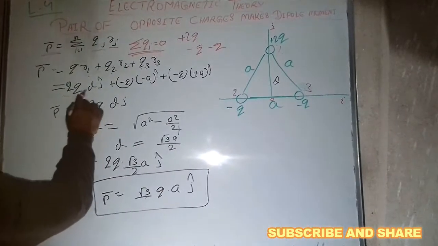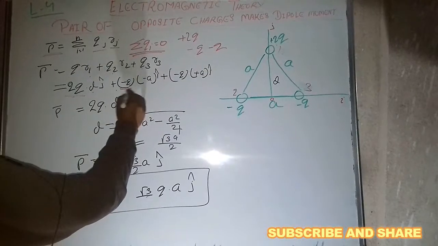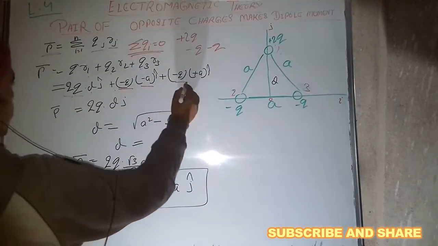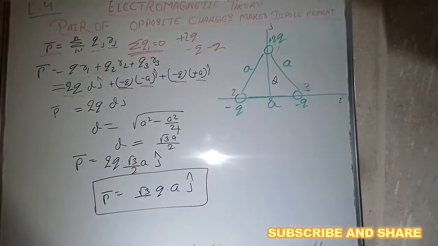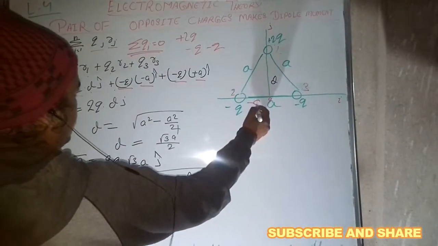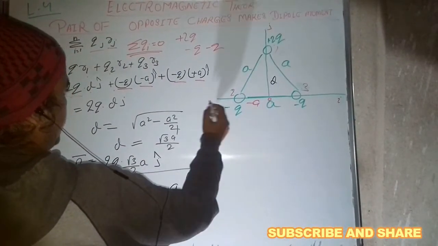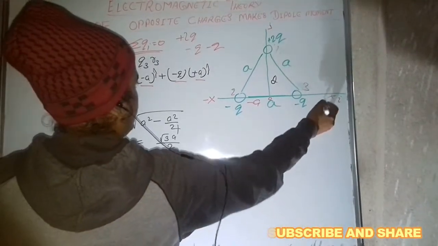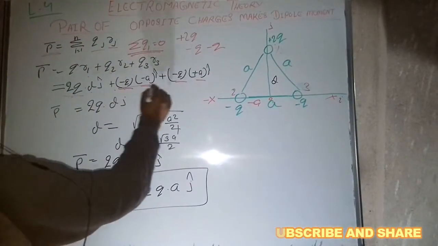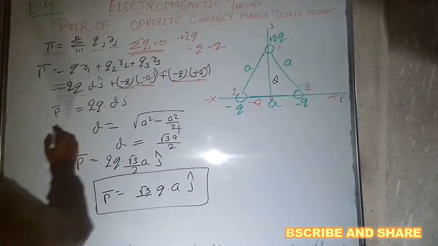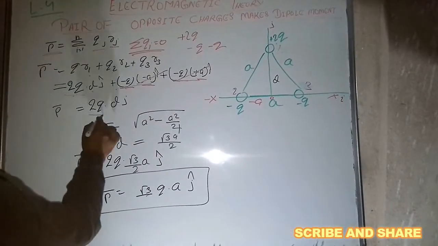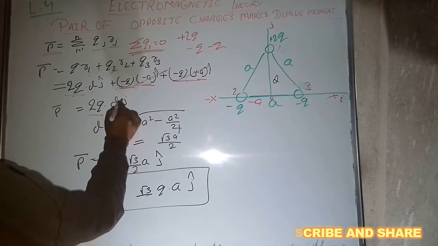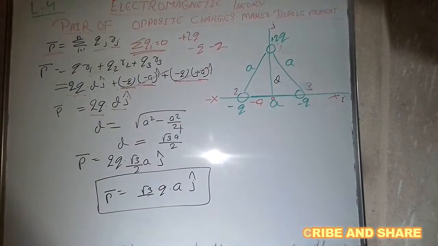So 2q d plus minus q times minus a plus minus q times plus a. This is minus a because it is on the negative x-axis, and this one is on the positive x-axis, and these two will cancel out. So p equals 2q d, j is the unit vector.